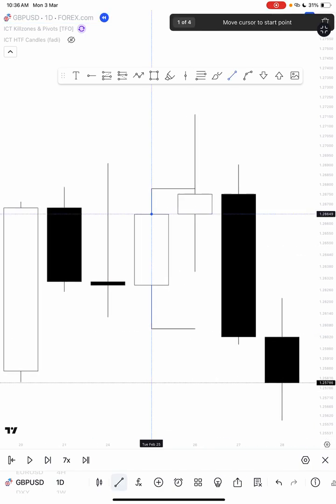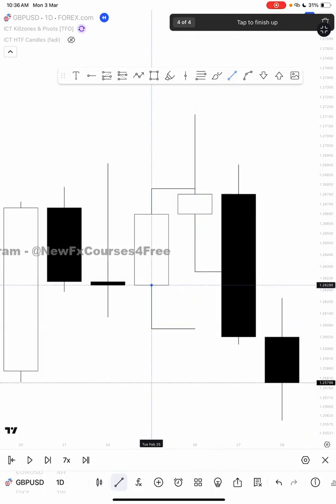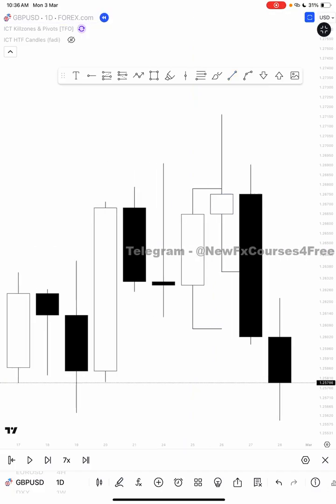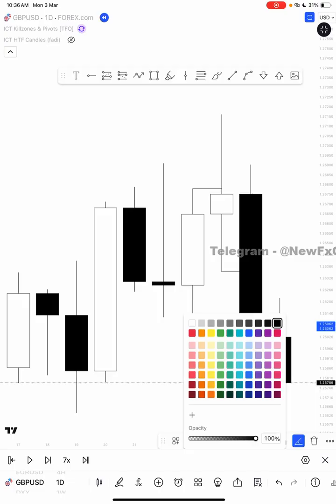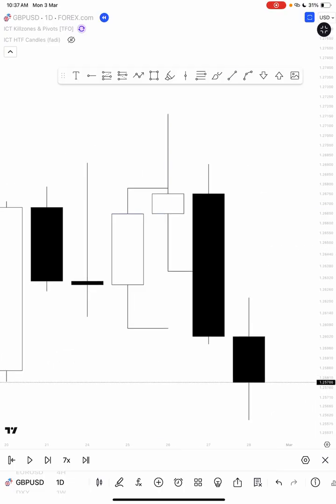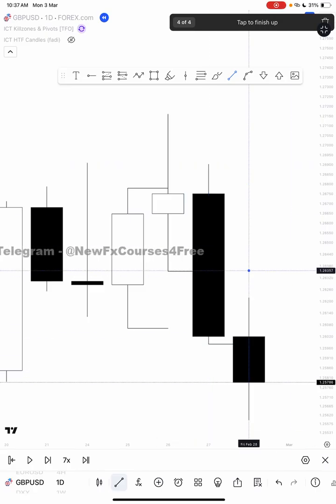Firstly, you can target your previous day high for your first target, then maybe you can target this range low for your second target here. So then the next day you can target your range low of this price action.